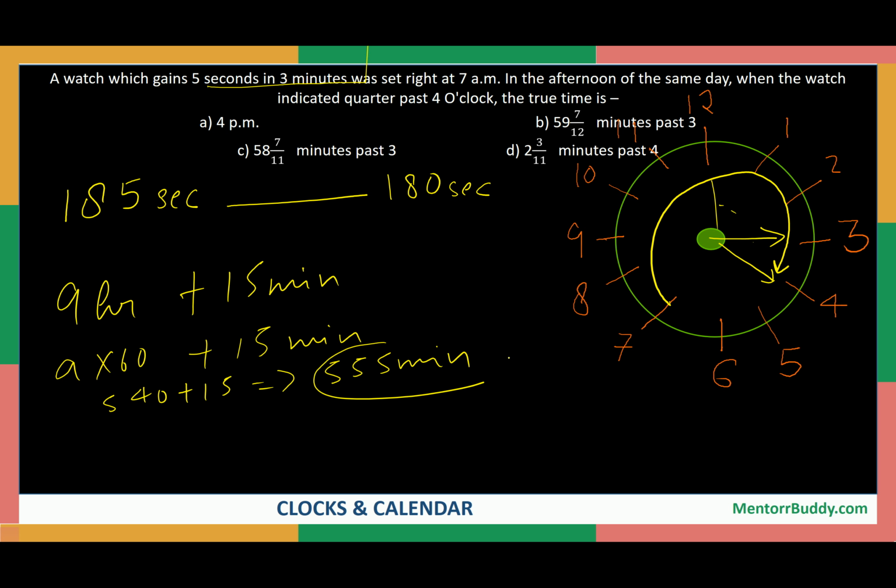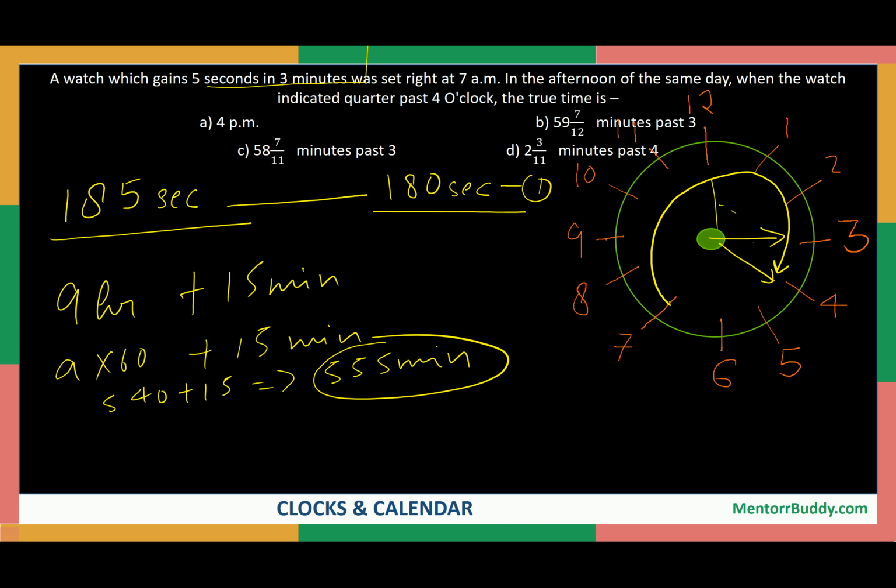Okay, now we have this value, that is the faulty clock moved 555 minutes, right? So we have seen from equation 1 that for each 185 seconds the original clock is just moving 180 seconds. So we have time in terms of minutes, so we can convert it into seconds, right?